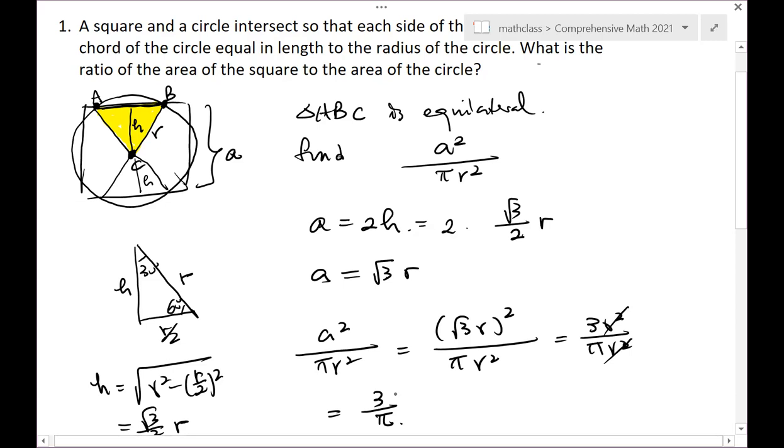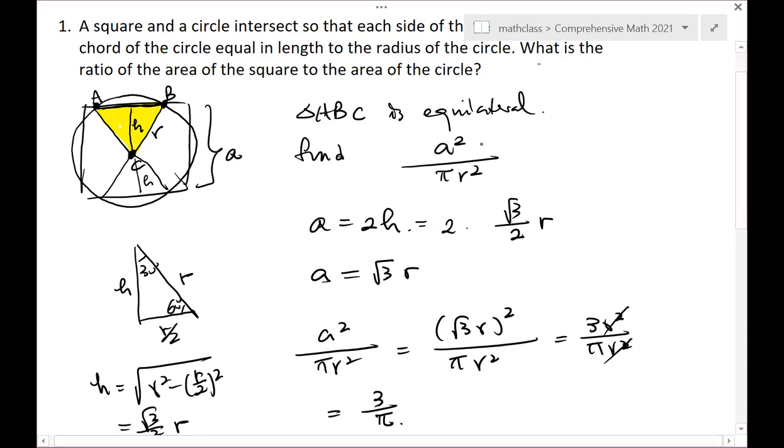So what do we need here? First of all, you have to draw the additional lines. Remember, for most geometry problems you have to draw additional lines connecting important points. Then based on the given information, you should recognize that this is an equilateral triangle. Then you write down what you have to find out: A squared over pi R squared.